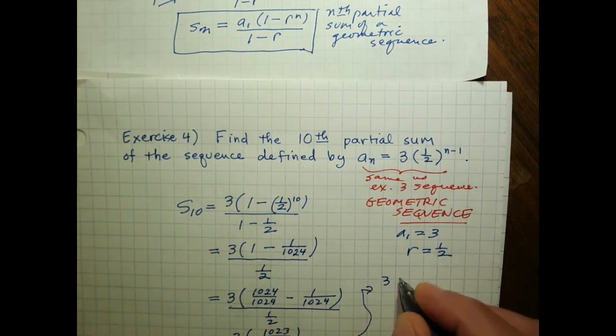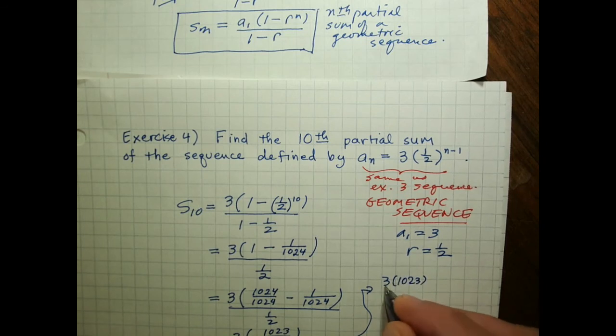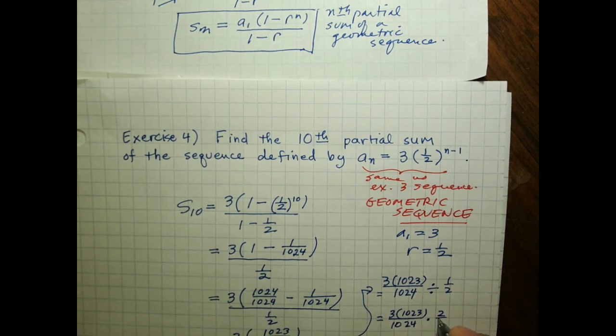So I have 3 times 1,023 over 1,024. It's like a whole number times a fraction, like 3 over 1 times that fraction. Divided by a half is going to be times 2, right? So 3 times 1,023 over 1,024 times 2 over 1. I just wanted you guys to be able to see that, which is going to be 6 times 1,023 over 1,024.